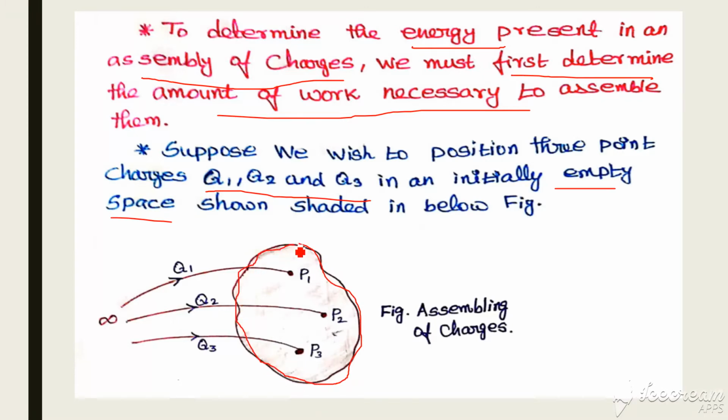Here we need to position 3 point charges Q1, Q2, Q3 at the points P1, P2, P3. The figure shows the assembly of charges. We need to move charges from infinity to the corresponding points: Q1 from infinity to P1, charge Q2 from infinity to P2, and charge Q3 from infinity to P3.